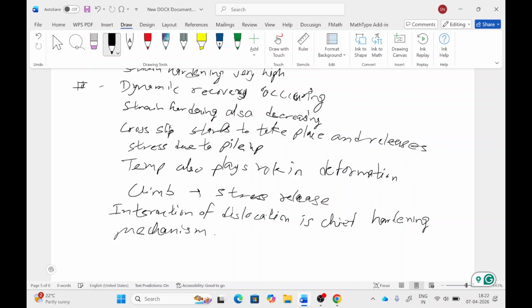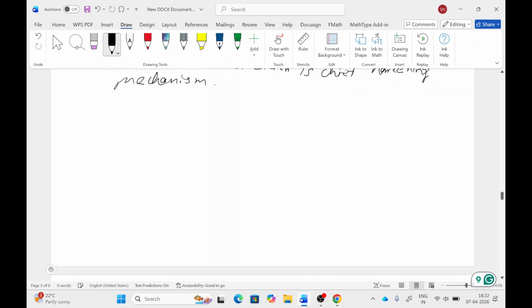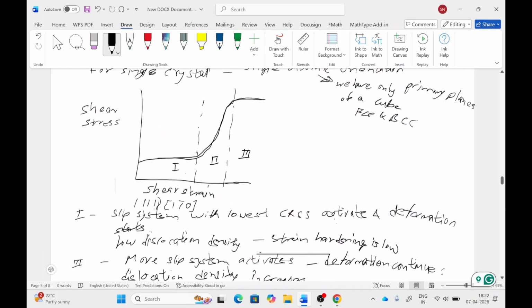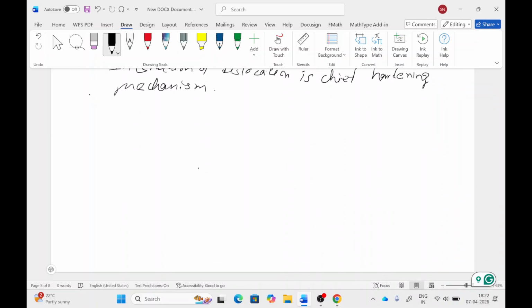We will discuss now how the dislocation density increases and how dislocations interact with each other. So this is for the single crystal deformation. For polycrystal deformation, we cannot rely on a single slip system for deformation to occur.